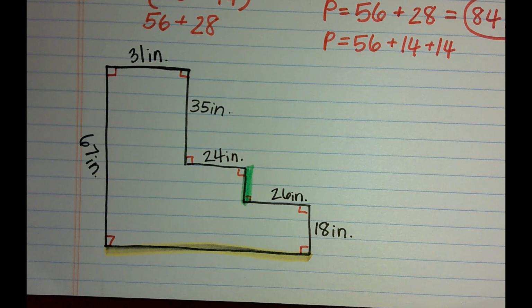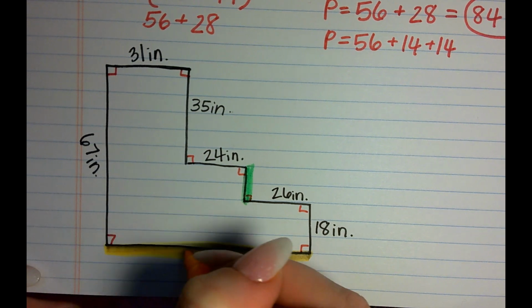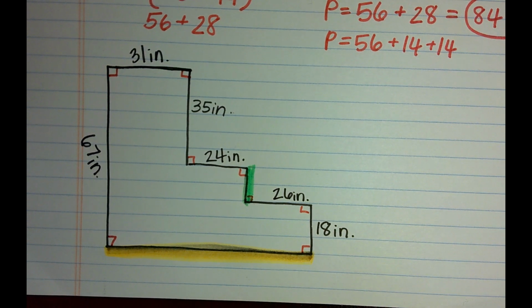I'll give you guys a minute if you're drawing this picture. Is there a formula? There's no formula. Although we can write some equations to solve for side lengths, we're just gonna have to get creative and think about this pretty rationally.